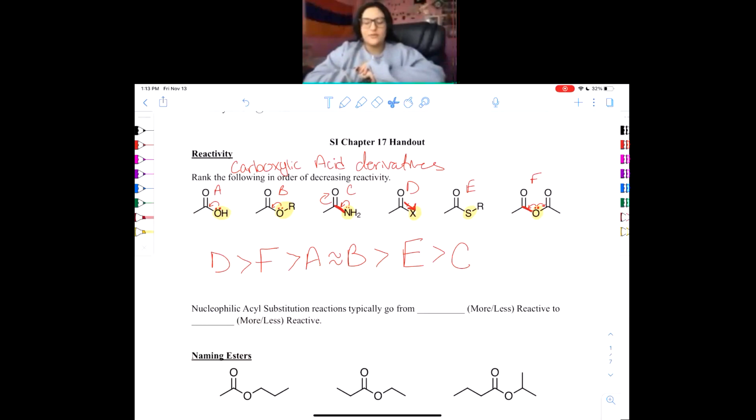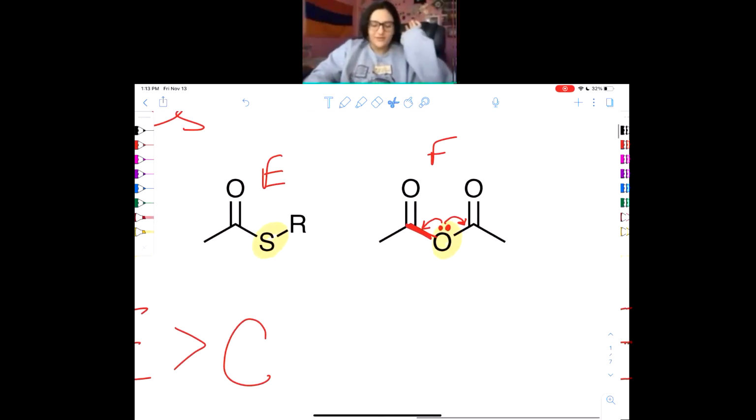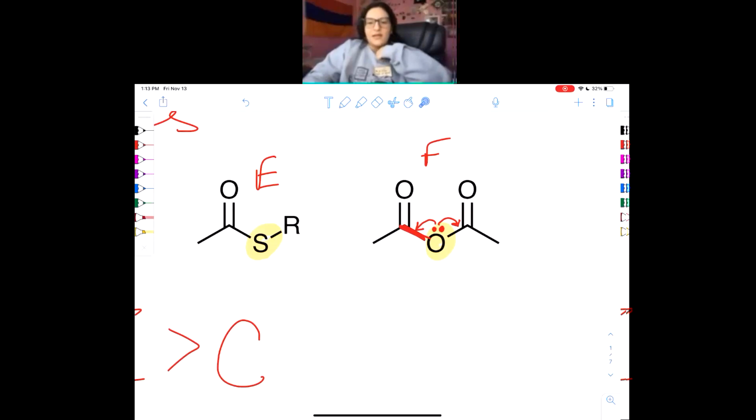And then someone said more donating equals more weak. Well, okay, I'll just show it one more time, kind of what I mean, because that's not exactly how I want you to think about it. So the more electron density you're able to donate, that means you're going to have a stronger bond, which is going to mean it is less reactive.